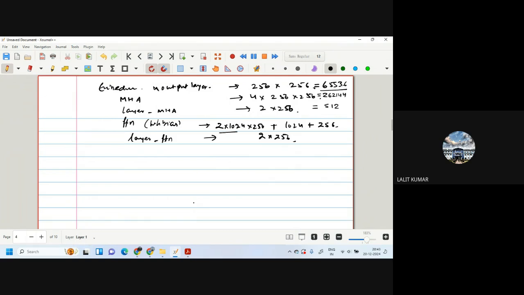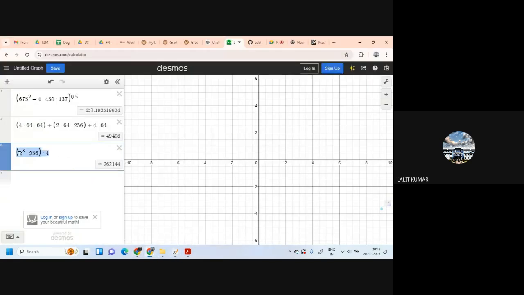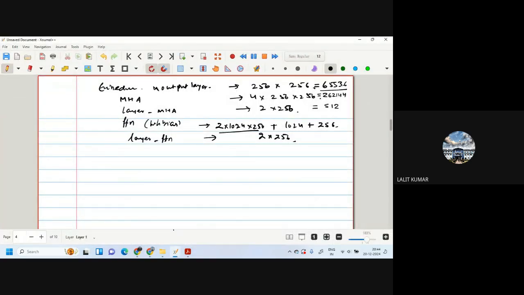This will become how much? 2 into 1024 into 256 plus 1024 plus 256 is 525568. And this is 512. This becomes 1024. 525568.